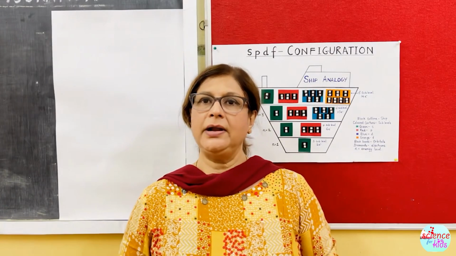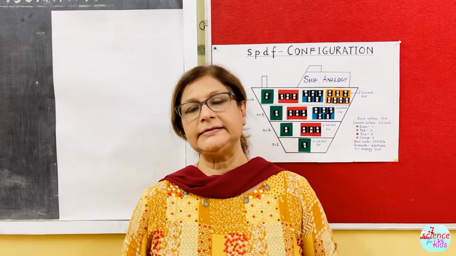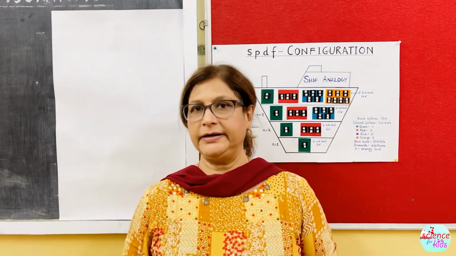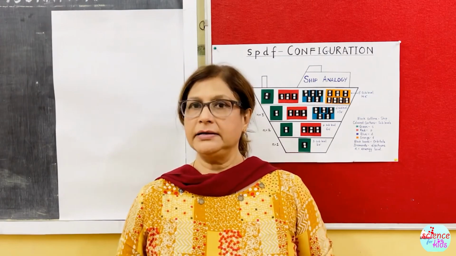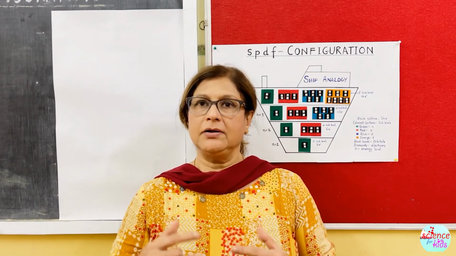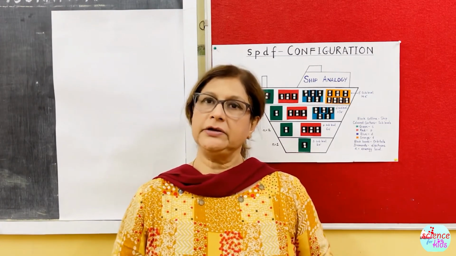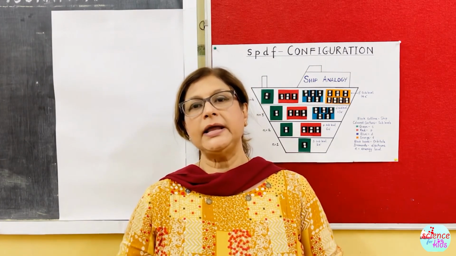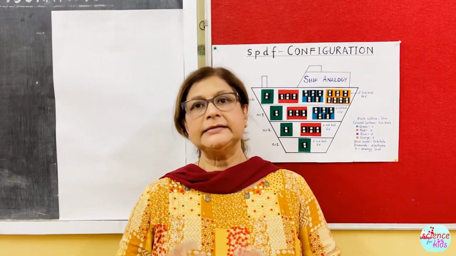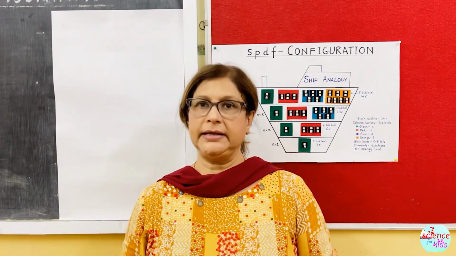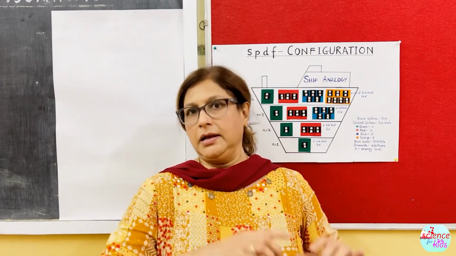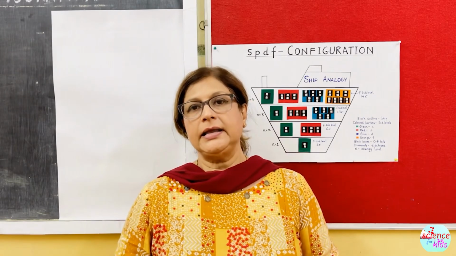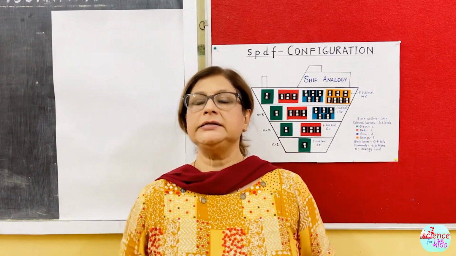Let's summarize our learning of the 3-part video series that we did on electron configuration. The first thing we learned is that electron configuration talks about the location of the electron. The area outside the nucleus is known as the electron cloud, and this is the area where the electrons are located. Through our ship analogy, we learned that the electron clouds have energy levels.